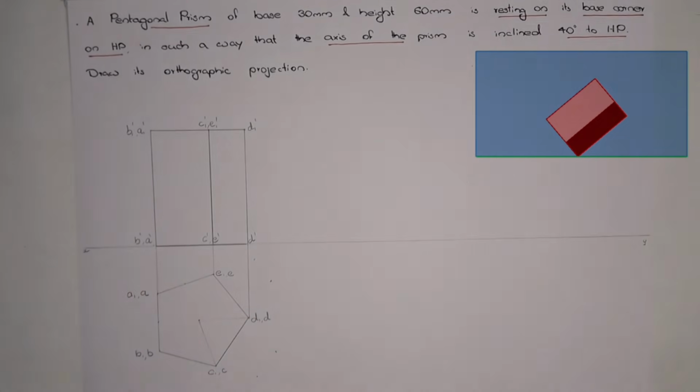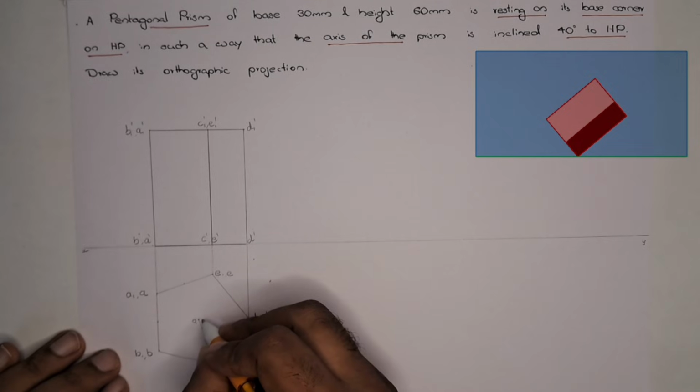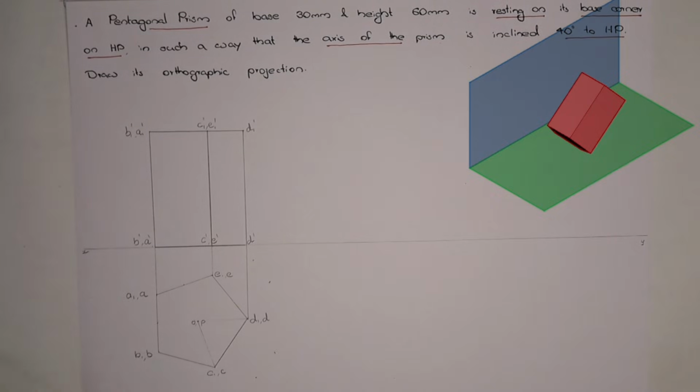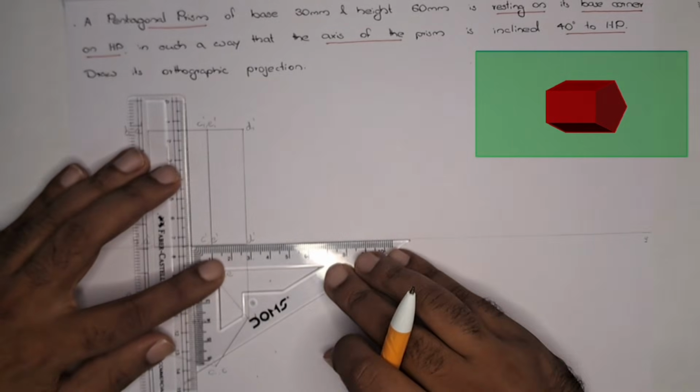This is the axis. We can mark it as O comma P. We can check the perpendicular and draw the axis.